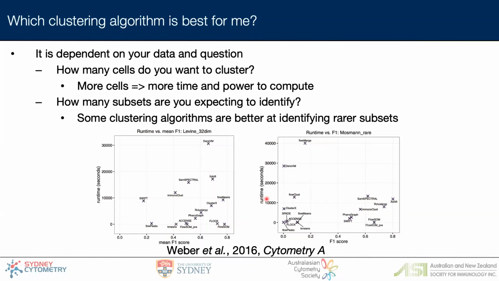It does not mean it will work with every single data set that you will have. To me personally, it's more worthwhile of your time to look at the manual side rather than trying to optimize just one clustering algorithm for your data. But again, it is important to be aware that there are lots of options available.